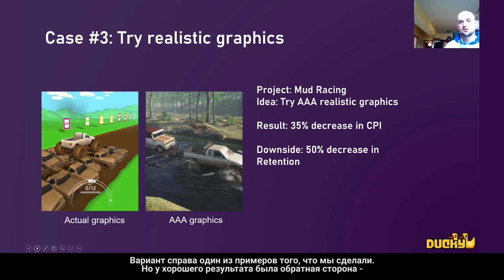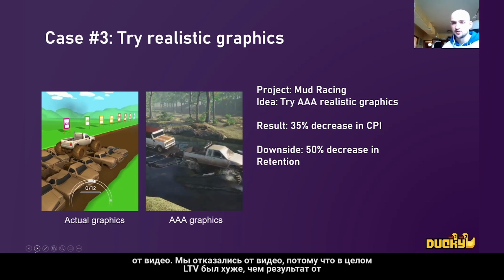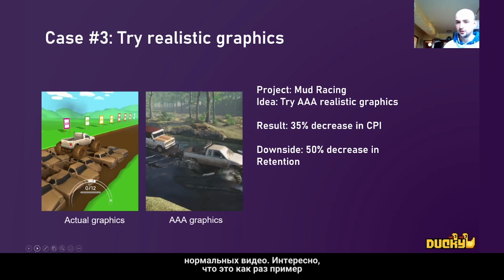The downside, which we discovered, is that when we use these different videos, most, if not all, of the campaigns that were running these triple A graphic ads performed worse in terms of retention by roughly 50%, which was a negative effect, and it made the CPI videos not worse using them because the overall LTV was worse than we had with normal videos.